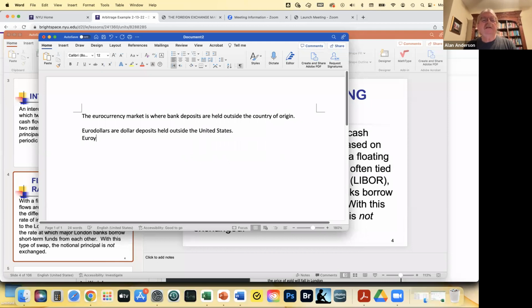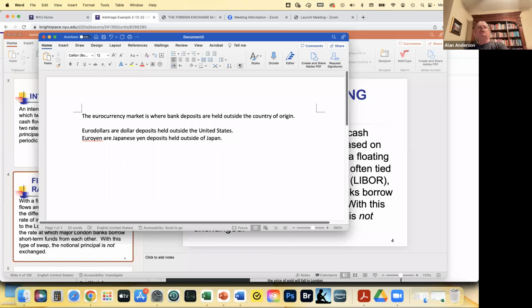Euro yen or Japanese yen deposits held outside of Japan. Okay, so all the major currencies are available in this market. So in other words, it's just like a huge market where it becomes possible to borrow and lend funds that are not necessarily denominated in your own currency.